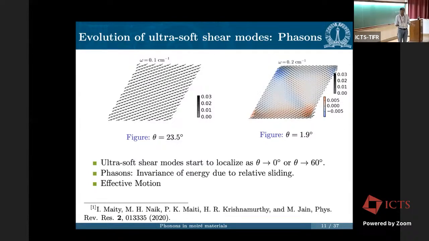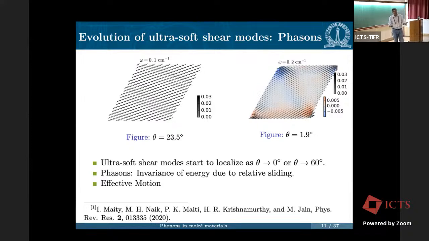It doesn't cost any energy. At larger angles, this mode is actually starting to localize. If you notice carefully, these modes are localizing at all your domain boundaries. So first of all, you ask yourself, why are these modes zero frequency? When I look at a bilayer, these shear modes actually cost energy, as they should. Why is this not costing any energy?